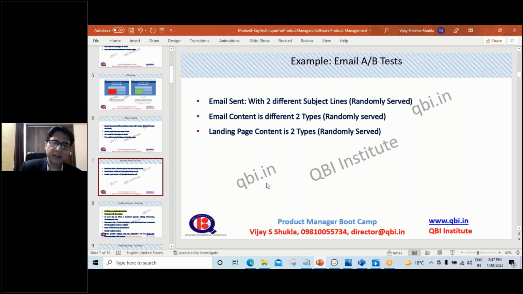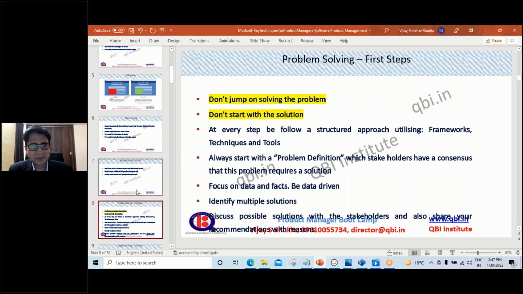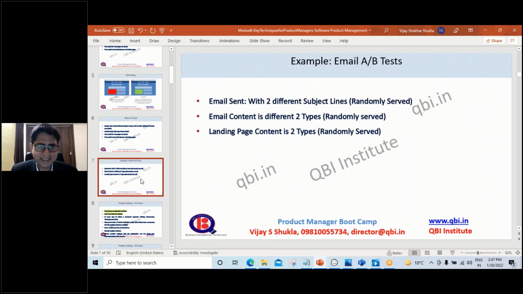But for now, I will suggest you keep things simple. Don't try a higher number of options. Just do a check between A and B. Or when you are to test, do one experiment at a time. That is either 2 different subject lines, or 2 different contents, or 2 different landing pages, one at a time. So this is A/B testing.